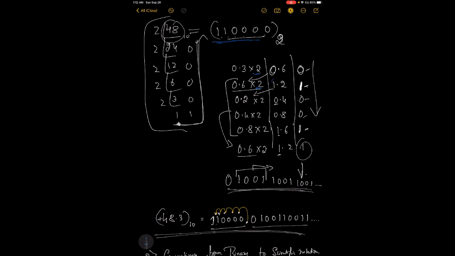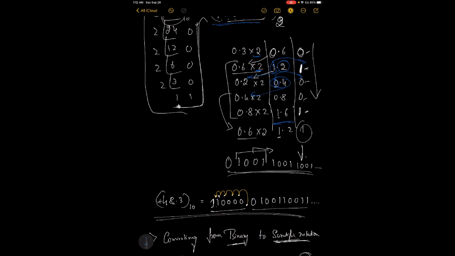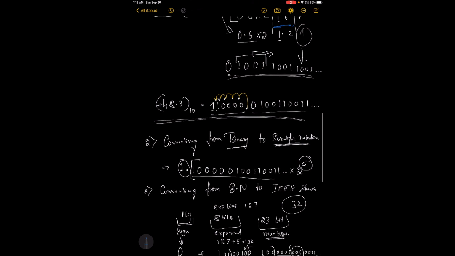If there is a 1, we take it as 1 here, and the remaining part we multiply by 2 again. If it is 0, just take the 0 and keep continuing until either you get 0, or the pattern is repeating. Once the pattern is repeating, you can stop. So this was the binary representation of the decimal number.